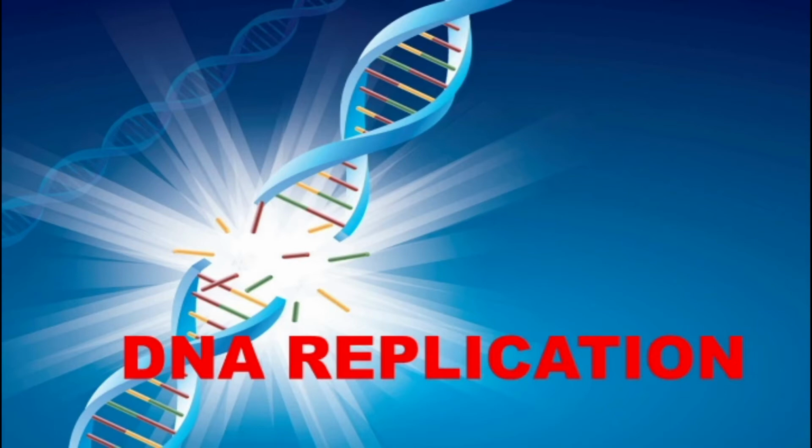Then unwinding of DNA at the origin and synthesis of new strands accommodated by the enzyme known as helicase results in replication forks which grow bidirectionally from the origin.